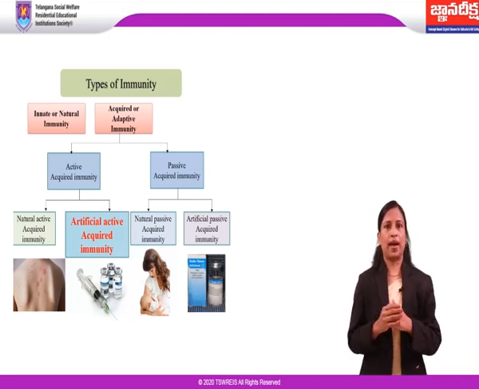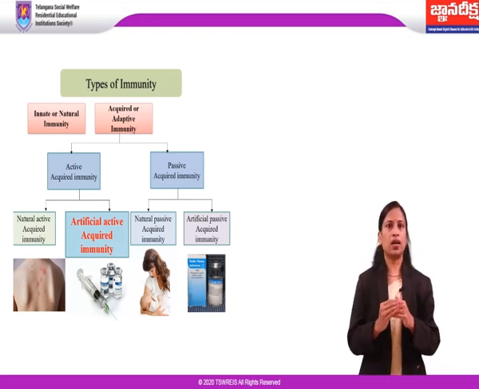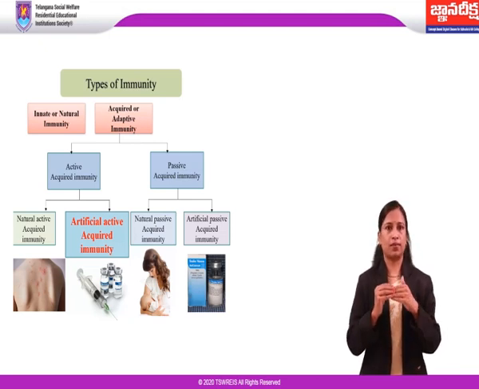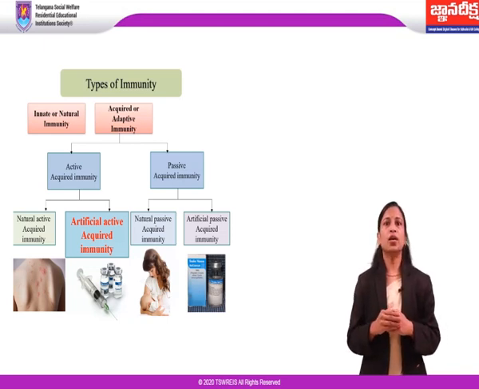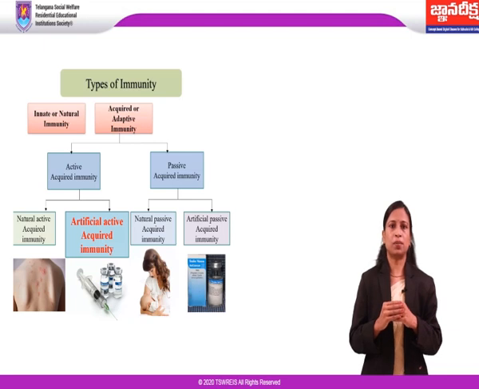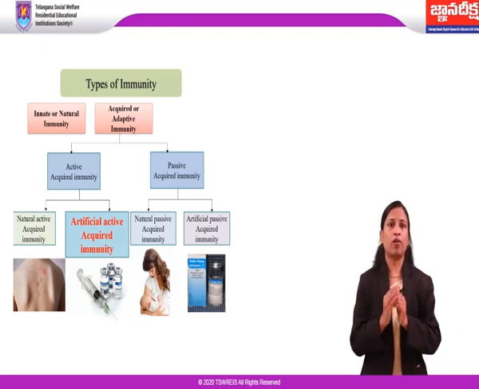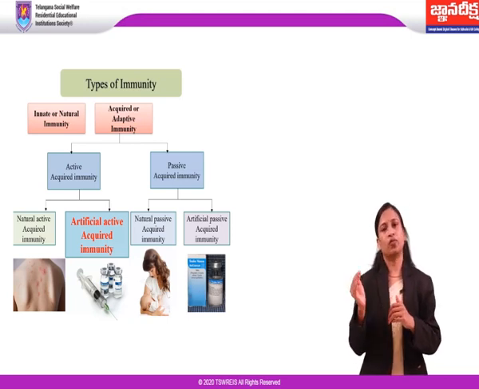If the transfer of antibodies from mother to baby occurs through the placenta or by breastfeeding, it is called natural passive acquired immunity. And if the transfer of preformed antibodies to a non-immune person takes place, then it is known as artificial passive acquired immunity. We will discuss this in more detail in the following sections.